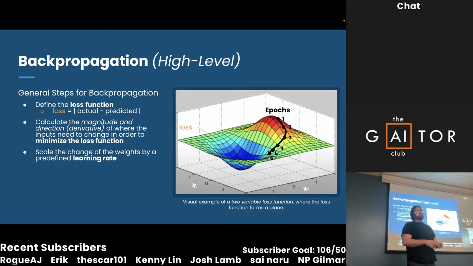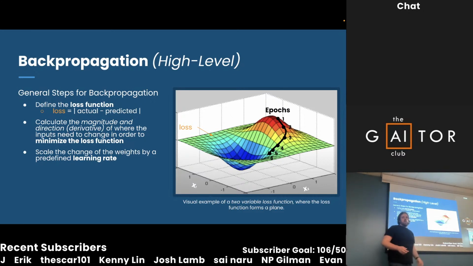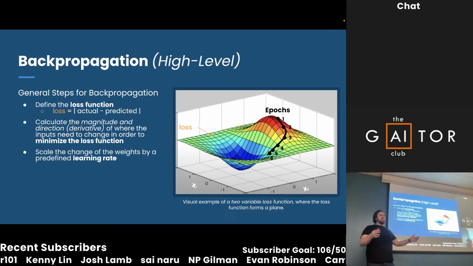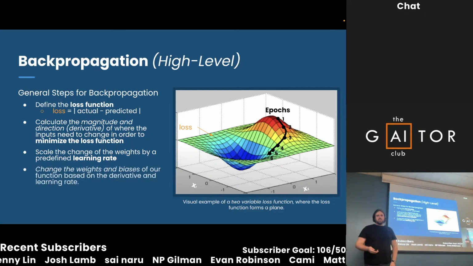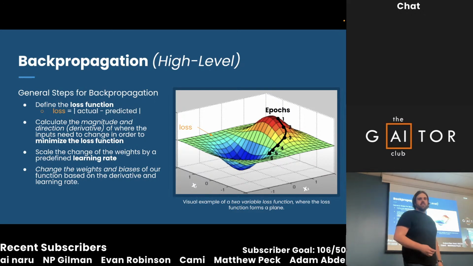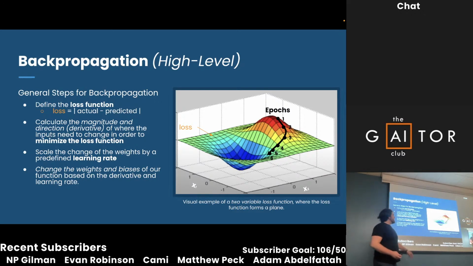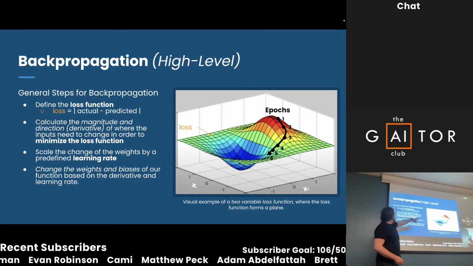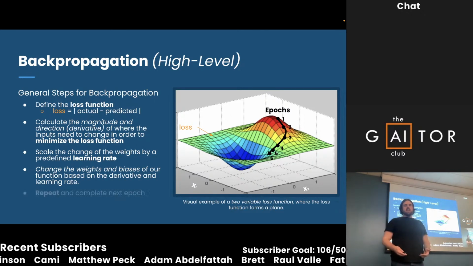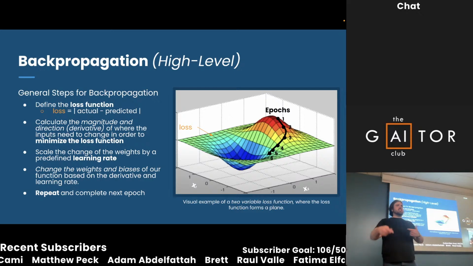And that learning rate is basically how much that batch weighs on your entire data set. And then you change the weights and biases of our function based on the derivative and the learning rate. So we change the weights and biases that we started out with, and then we go back and do it again for the next batch.